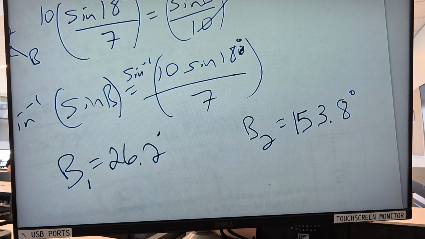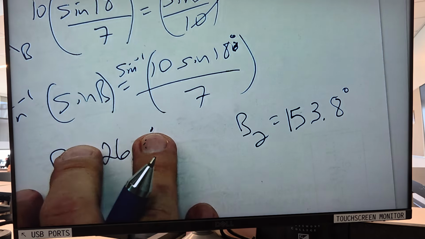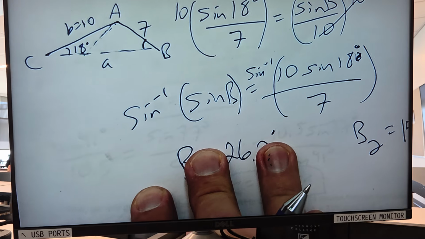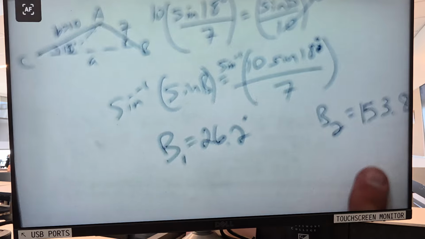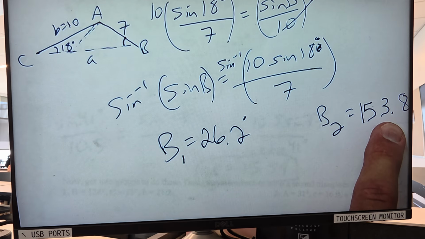There could be just one answer. So how do I know there are two answers here? What angle lives in the triangle already, no matter what? 18 degrees. If I put this one in there, is there room for a third one?